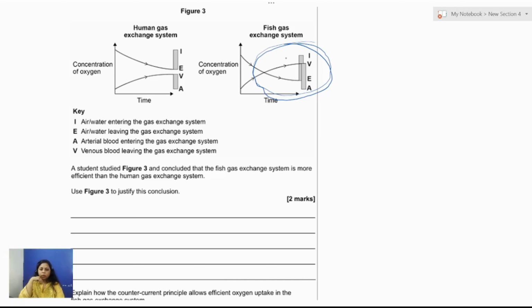Okay, correct. V has less. Wait, are you saying V has less oxygen than E? Okay, in humans. V then E. Okay, this is the one difference. What other thing can be written?